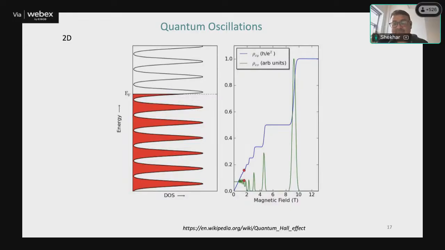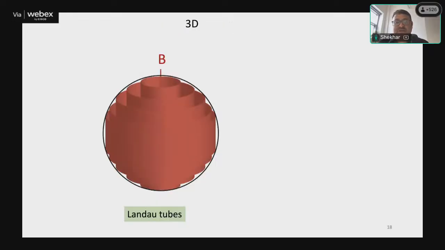So the shifting of the Landau levels with increasing magnetic field is the origin of quantum oscillation. When we have a three-dimensional system, which I showed you in this resistivity, each Fermi surface splits to form concentric tubes. Each tube has a density of states.